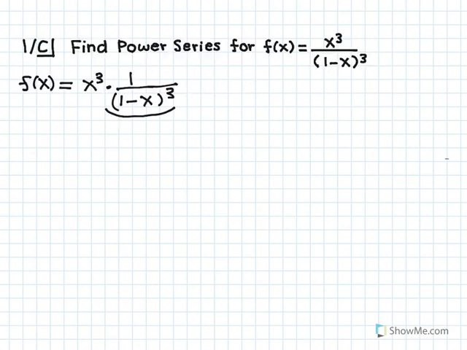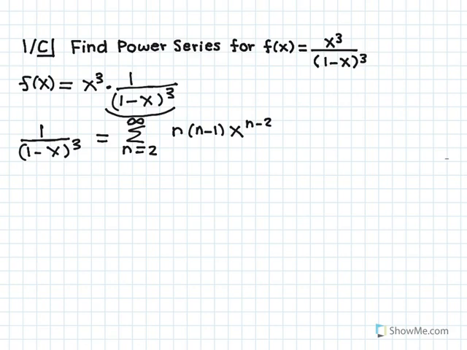All right, so we found 1 over 1 minus x cubed, the power series representation for this to be summation n equals 2 to infinity, n times n minus 1, x to the power of n minus 2, divided by 2. Now multiply both sides by x cubed. So we get x cubed divided by 1 minus x to the power of 3.